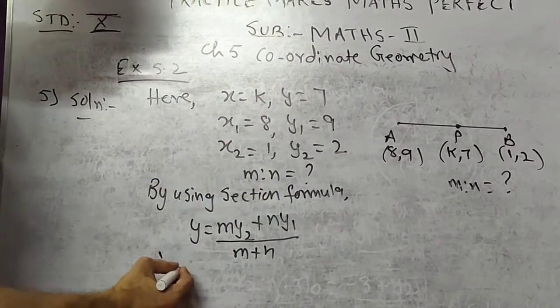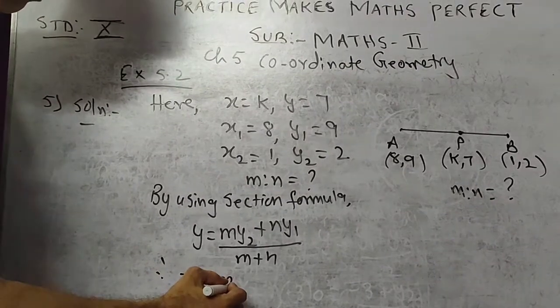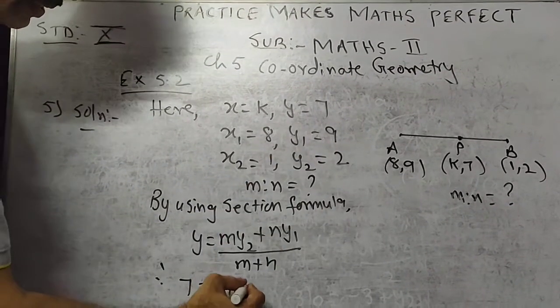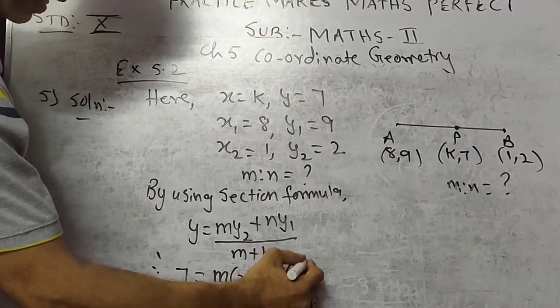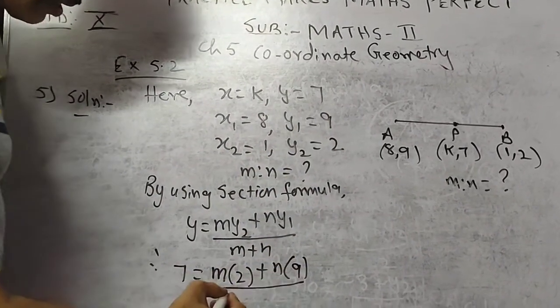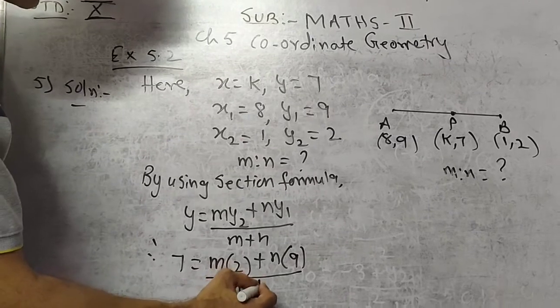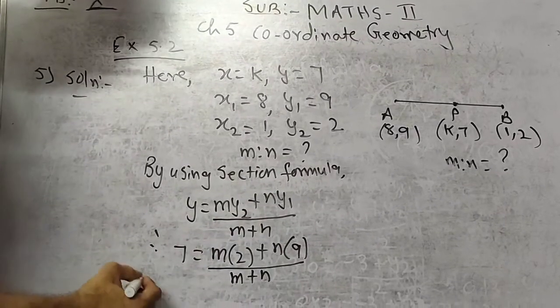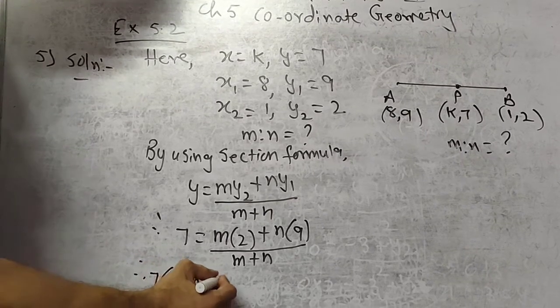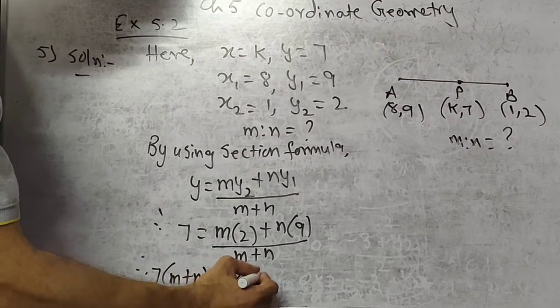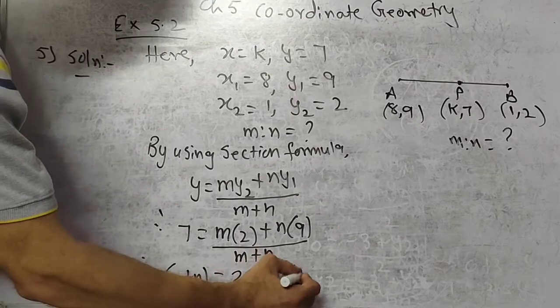Y is 7. M you don't know. Y2 is 2. N you don't know. y1 is 9 upon m plus n. So this will come up to 7 into m plus n is equal to 2m plus 9n.